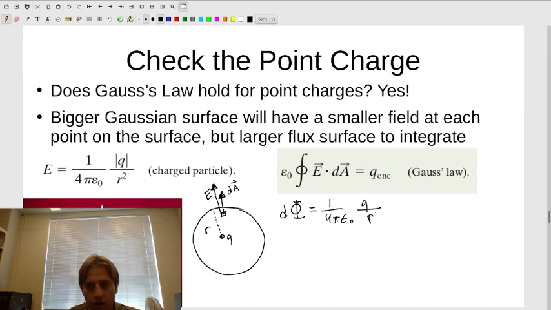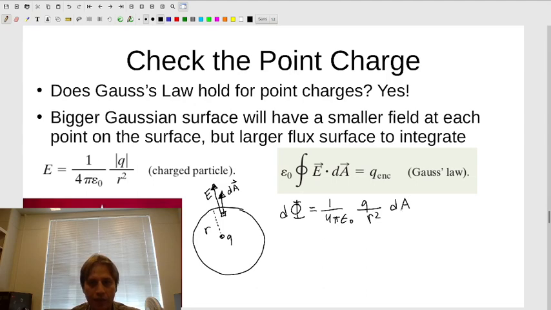So we're going to have an r squared there. So that's our E, and we're going to have to take that times dA. Now that just gives me the flux through one of those little things. What would I do if I wanted to find the flux through all of the little squares that are on the surface of that sphere?